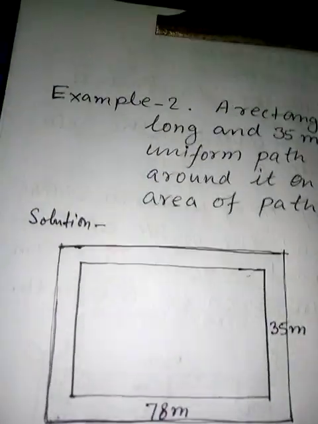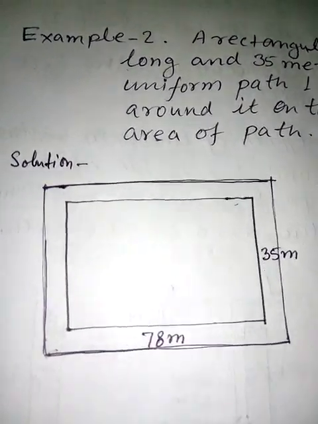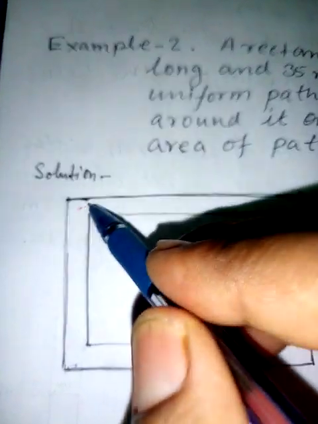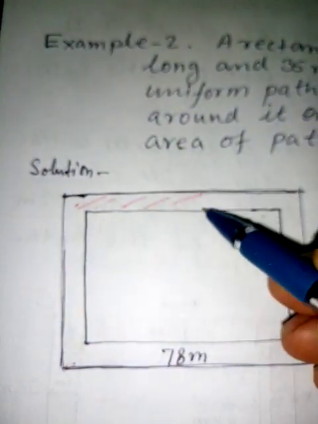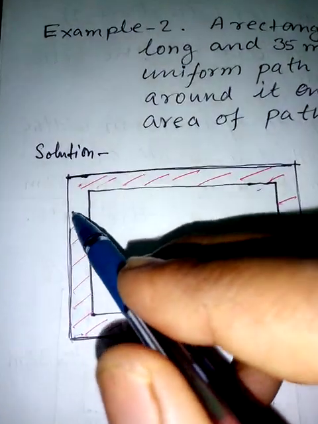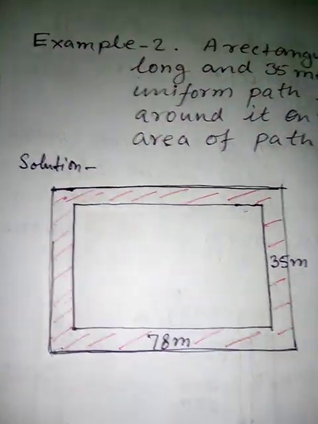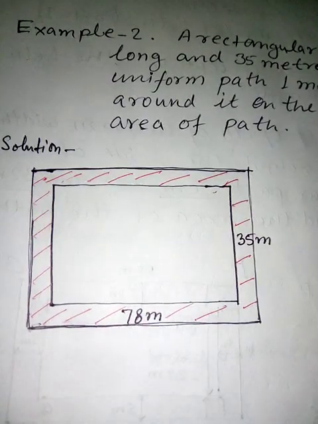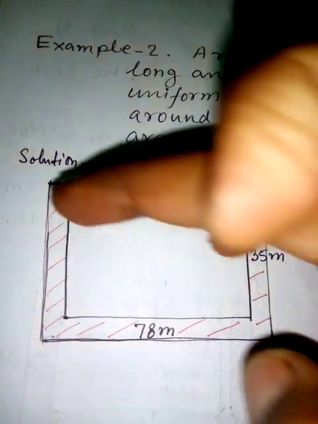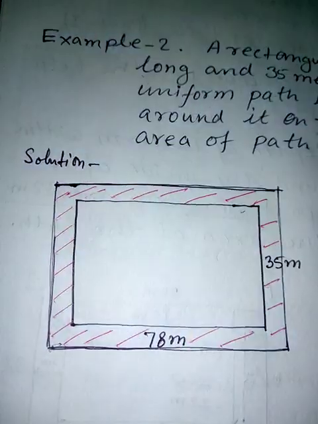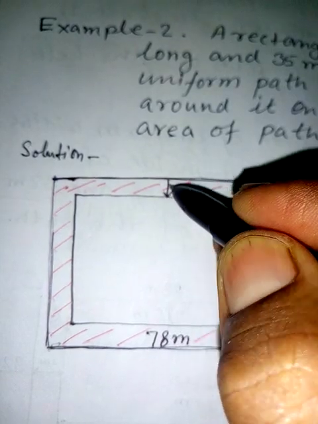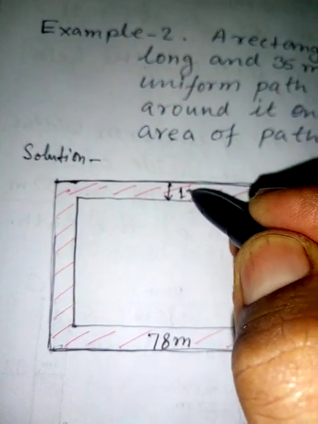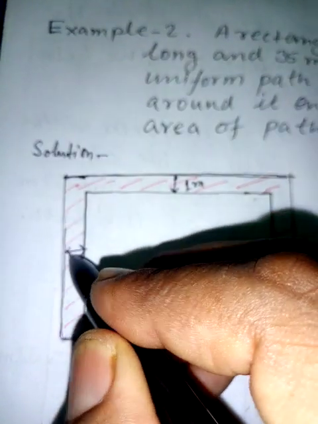Now you can see this path is made outside of the park, of the garden. And the area, we have to find out this rectangular path, but this width is 1 meter in all sides.